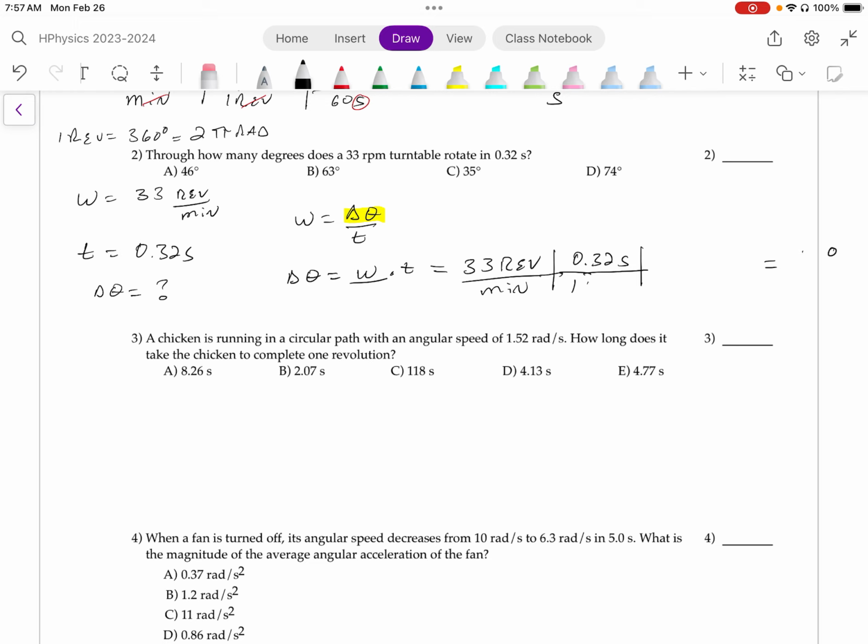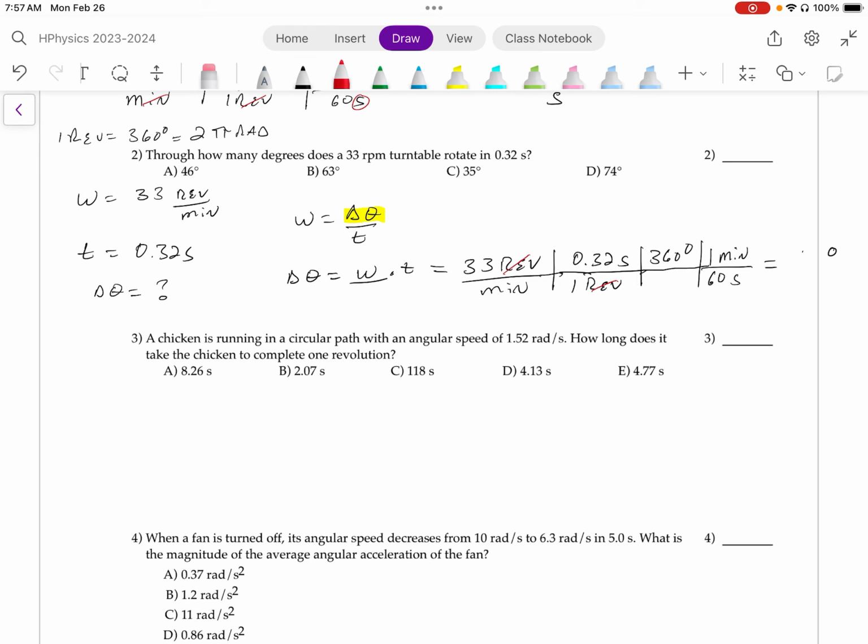So I know that 1 rev is equal to 360 degrees. Notice now that my revolution canceled. I'm left with degrees on top. And I see that I have seconds on top and minute on the bottom, so I need to get rid of my minutes. And so I will put 1 minute up top is equal to 60 seconds.